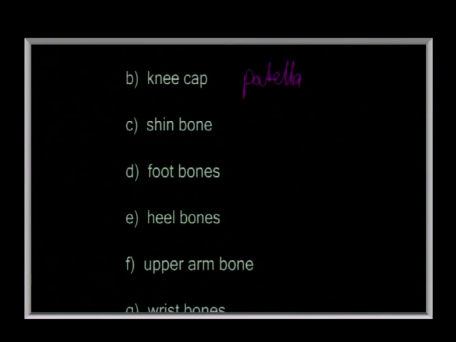The shin bone starts with a T. It's the tibia. The foot bones, same as the finger bones, they're going to be the phalanges. Okay? Then we have the heel bones. The heel bones are the, come on, make up the heel, the tarsals.